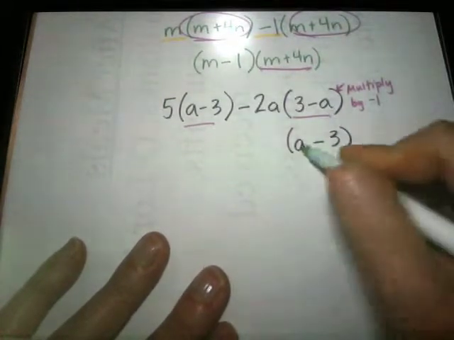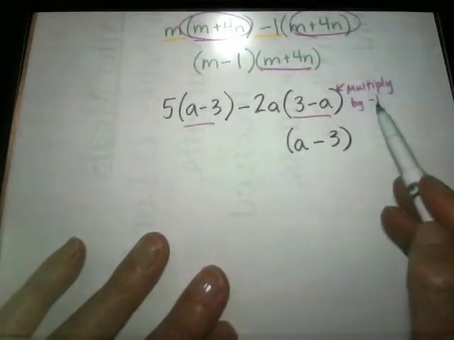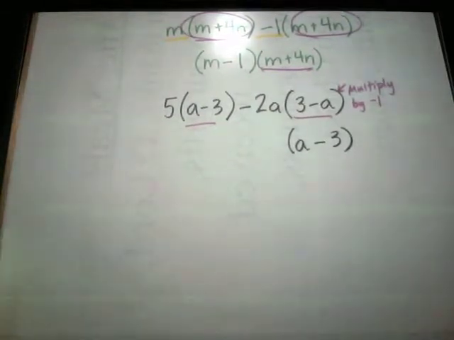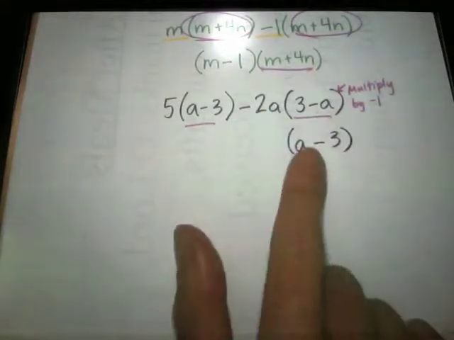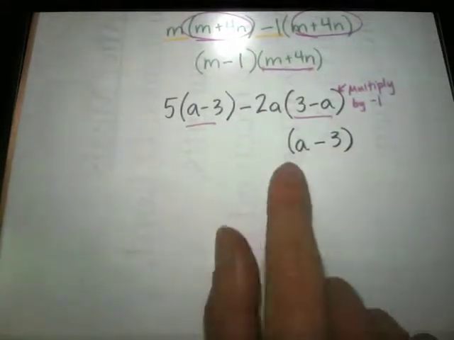Negative times negative, positive a. Positive times negative 1, negative 3. It changes it to match the other one. Okay? Now, I'm not going to give you too many like this, but you do need to be familiar with this because it will show up once in a while. Now that I've done that, it matches.